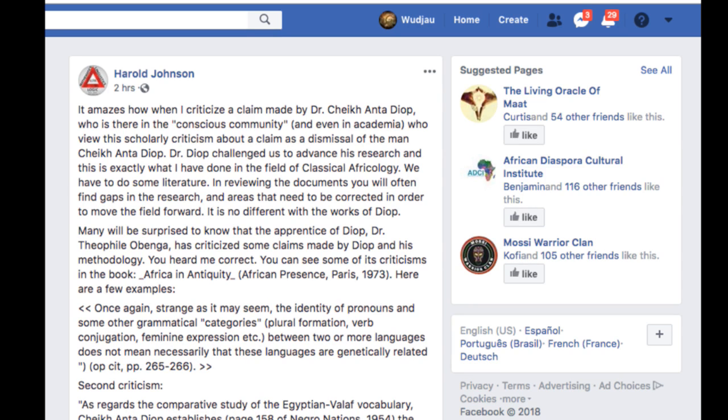Well, Asar did a post that I'm sharing right now where Diop's student, protege, apprentice, and colleague, Dr. Theophile Obenga, also challenged and disagreed with Diop. So if it was all about just agreeing just for the sake of Diop being Diop, then Obenga wouldn't have done it. And you all can go to Asar's page and read it.